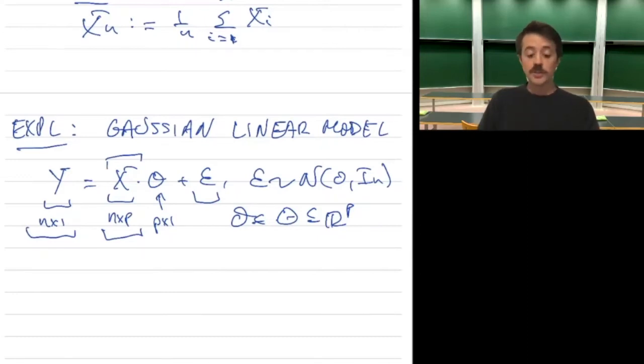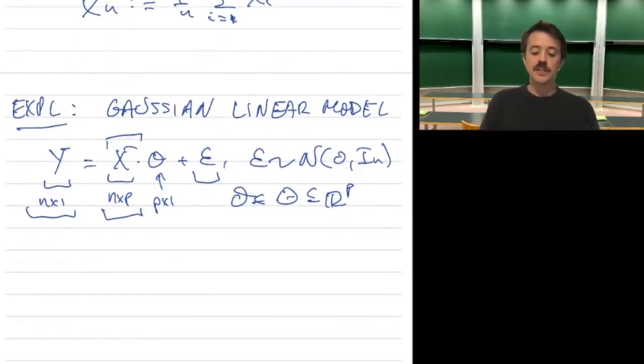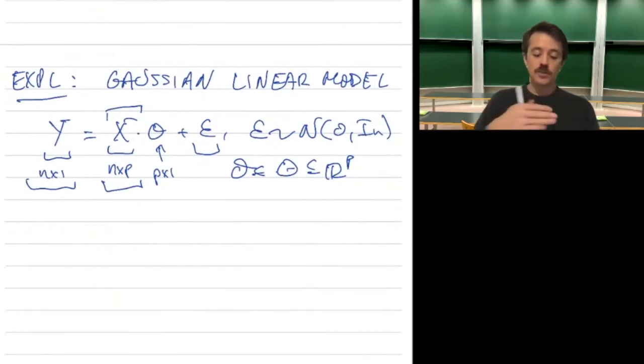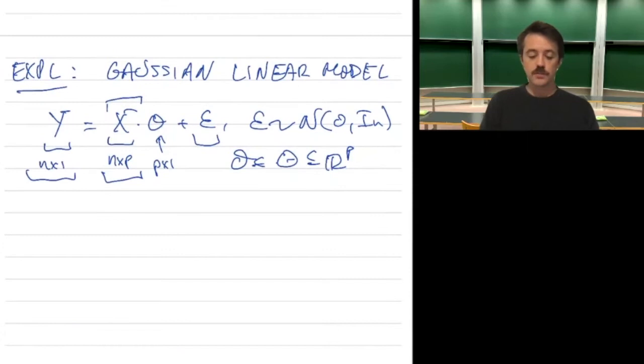It could also be a measurement error, or simply, as I was just explaining, our lack of understanding of the precise relationship between the covariates and the variable that we want to explain. For whatever reason, this is the Gaussian linear model, and this is at the absolute core of statistics, without a doubt the most important model.